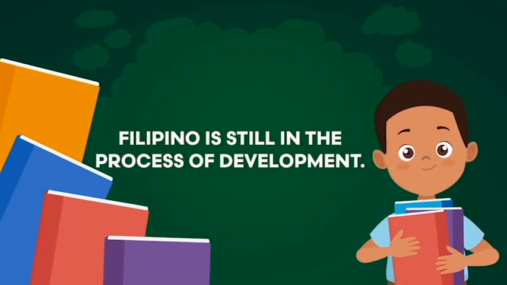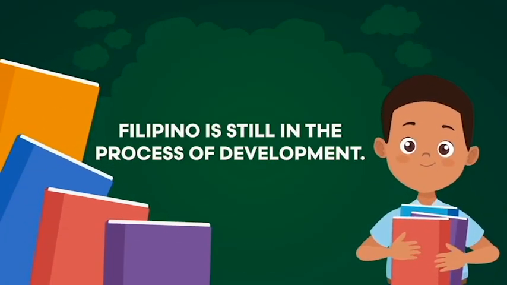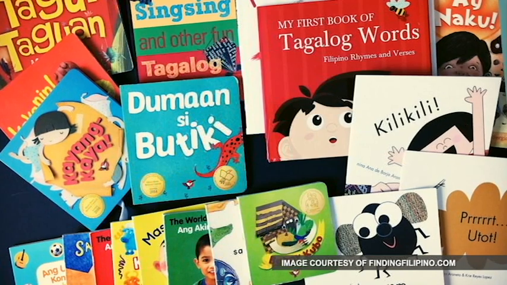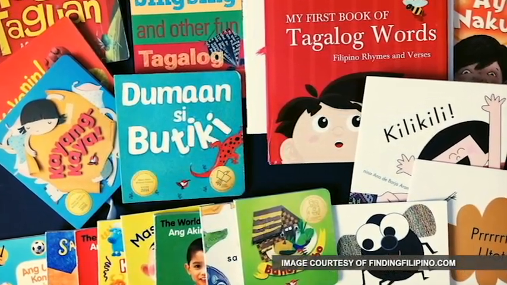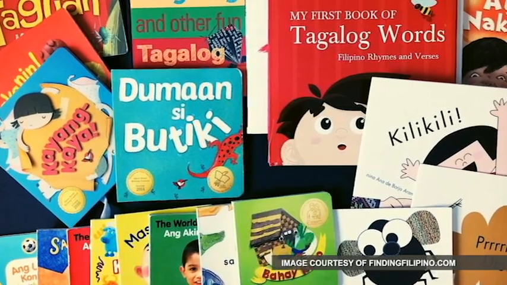This is understandable because Filipino is still in the process of development. Let us just hope that in the future, the definition of Filipino as stated in our Constitution will be fulfilled. That is, Filipino will hopefully contain more borrowings from other Philippine languages.